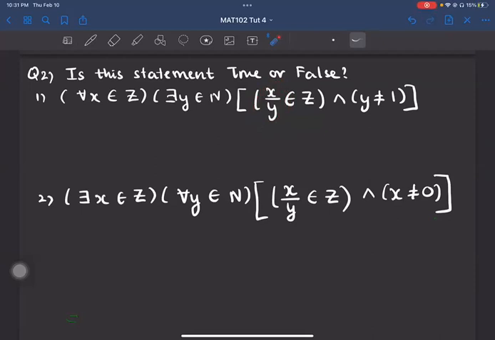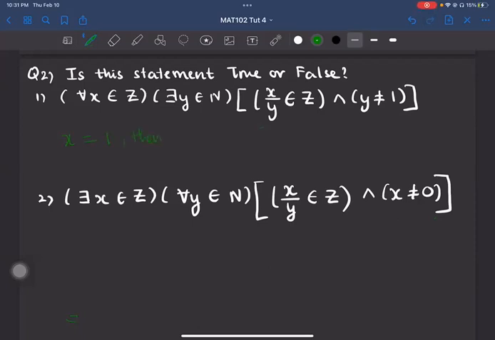What does divisible mean? It means 4 is divisible by 2 because 4 divided by 2 is an integer. 9 is divisible by 3, but 7 is not divisible by 3. Things like that. And it's claiming that for all integer x, there is always a natural y such that it is true. This statement is false. We can pick a counter example as x equal 1.